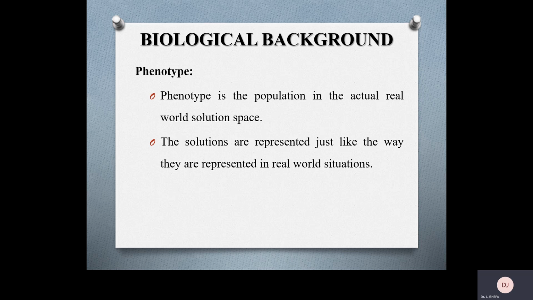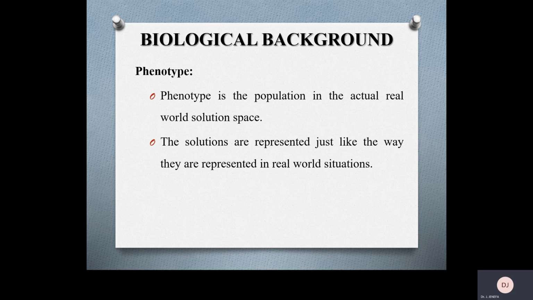In genetic algorithm, phenotype is the population in the actual real world solution space. The solutions are represented just like the way they are represented in real world situations. So there may be a problem, and we may have n number of solutions to that problem.